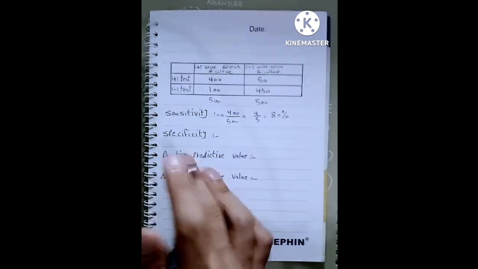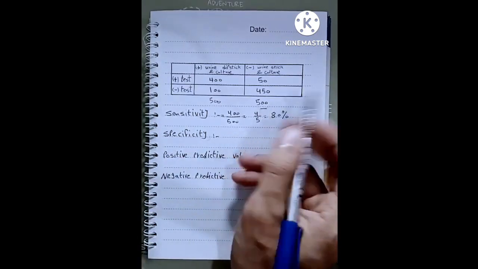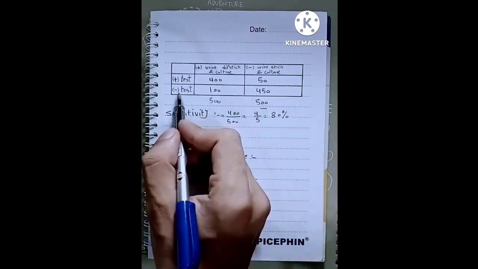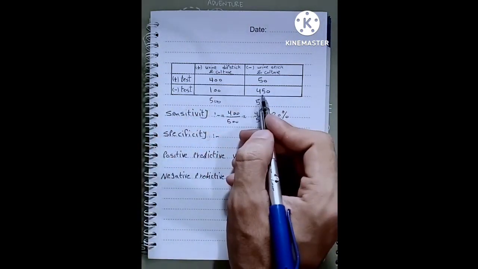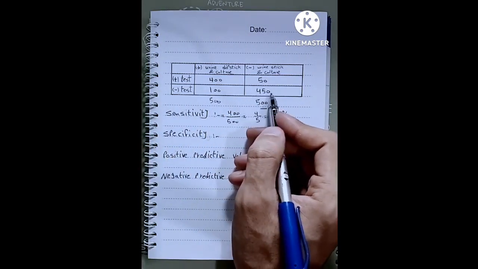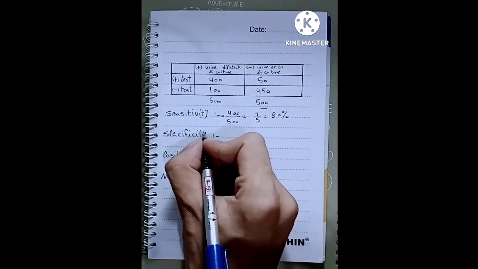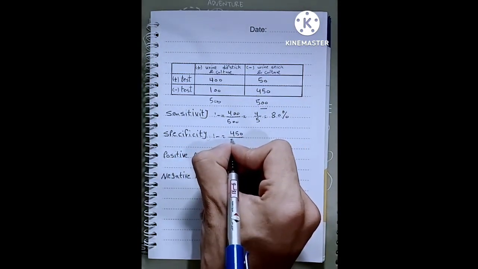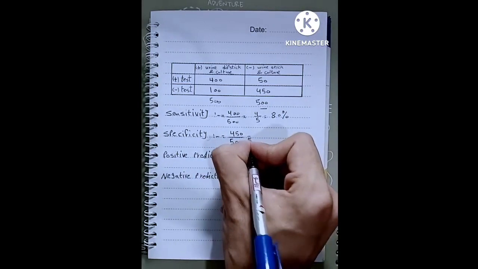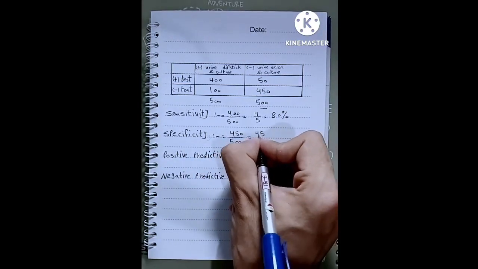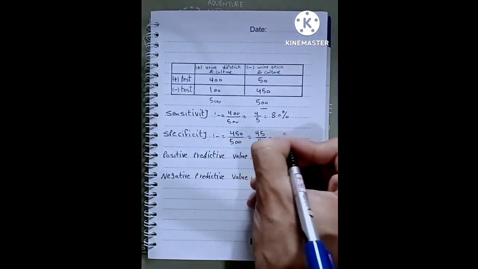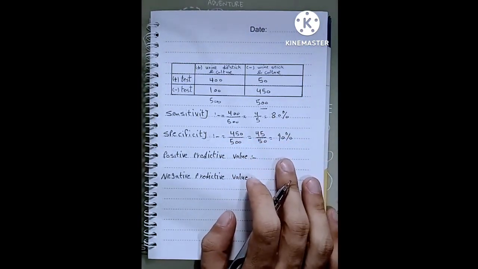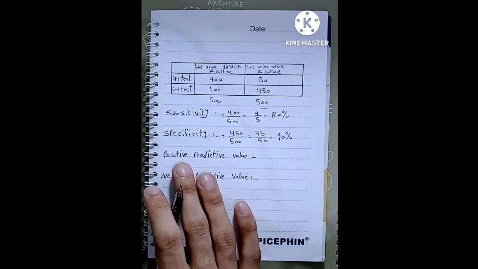It's the ability of the test to identify those 500. We have 500 who don't have the disease, but the new test could identify 450 of them. So specificity is equal to 450 divided by 500. It's 90%.